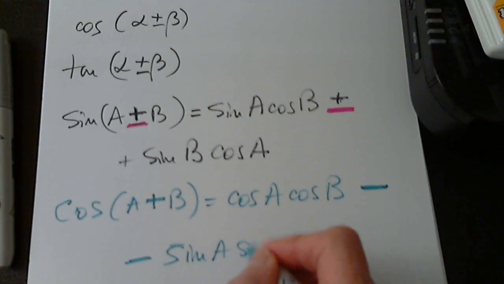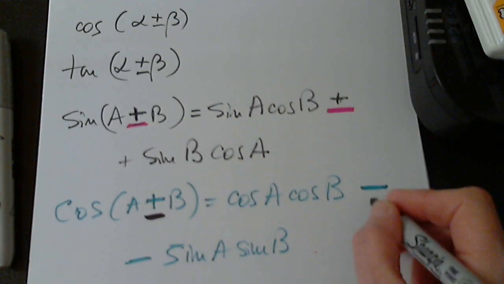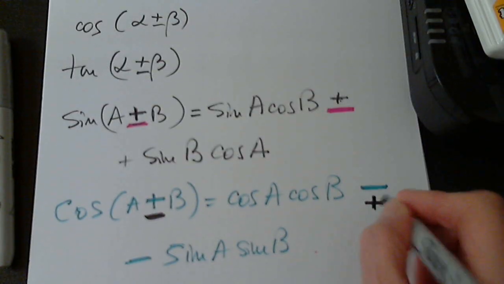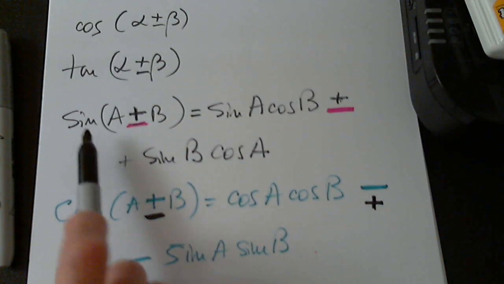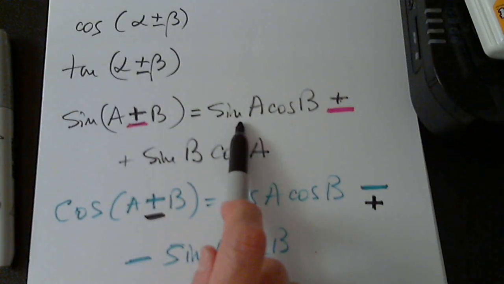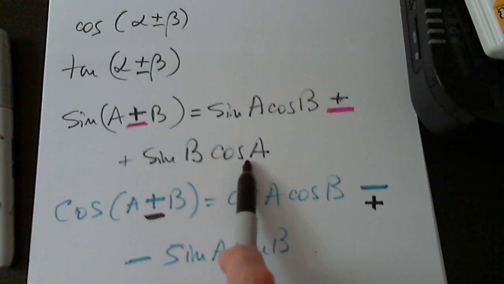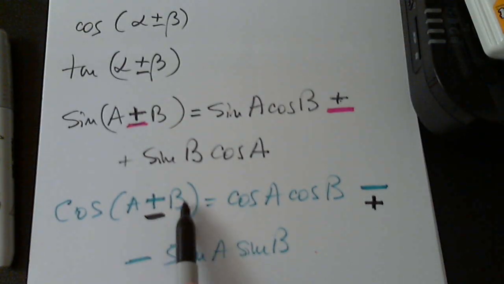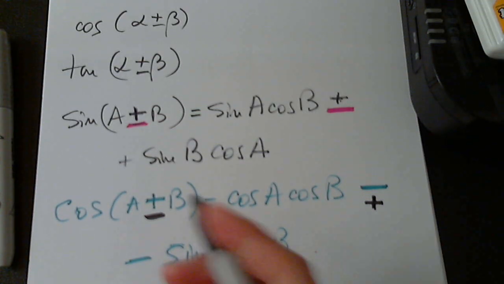Sine A, sine B. If there is minus here, then there is plus here. So the signs for cosines are opposite. Sine of A plus B is sine A cosine B plus sine B cosine A. But cosine of A plus B is cosine A cosine B minus sine A sine B.